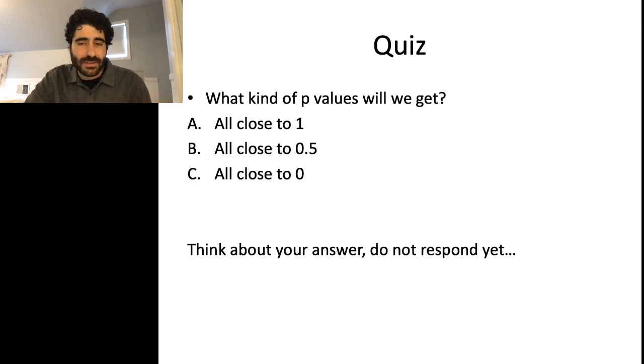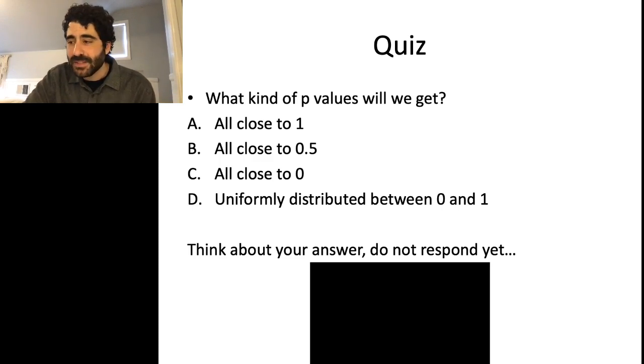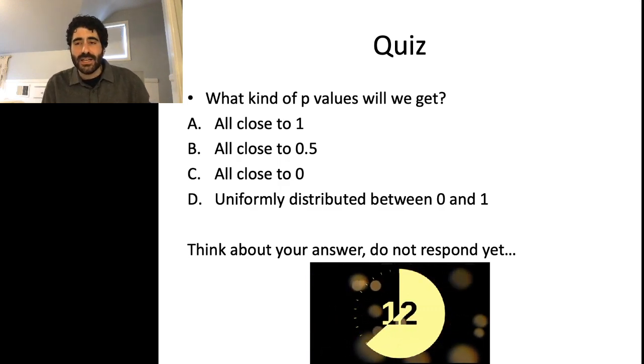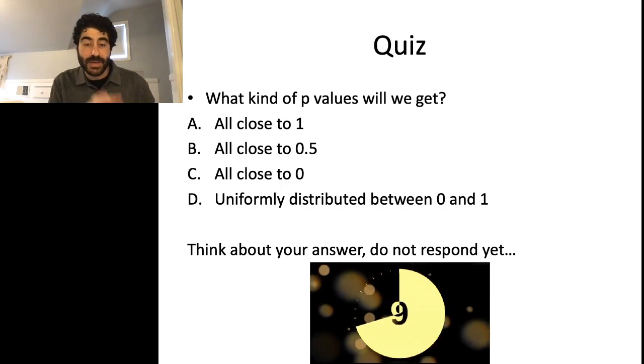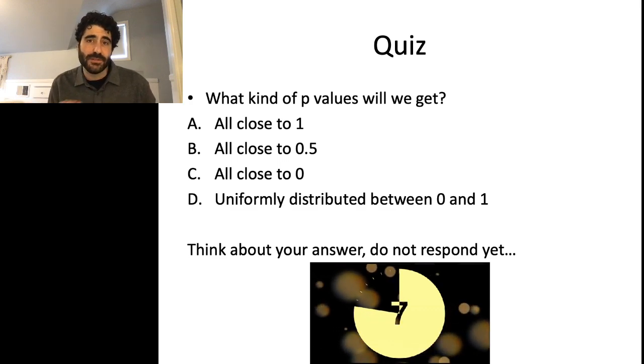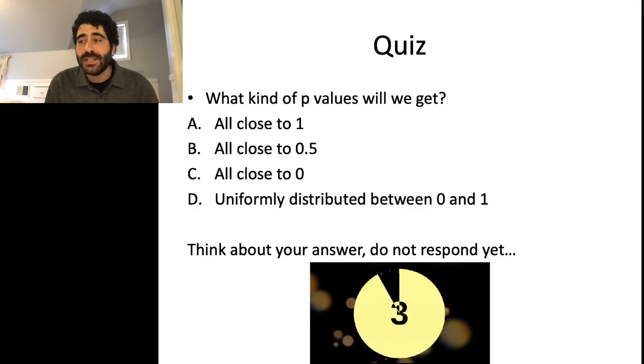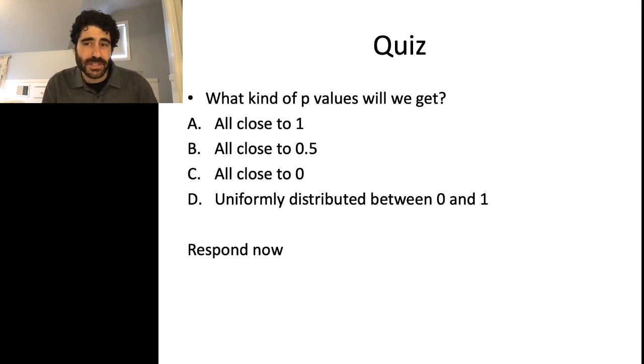Are they going to be somewhere around 0? Or are they just going to be totally random between 0 and 1? All right, so I'll give you a little time to think about this. The question is, if we're running these t-tests between pairs of groups, and all of the groups are actually sampled from the same population, what will the p-values look like in that case?